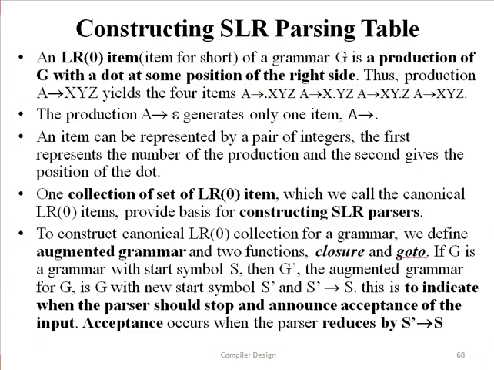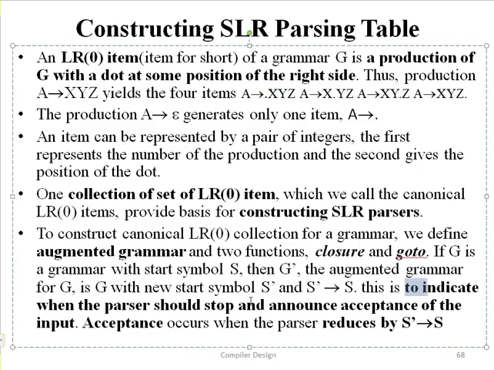Here, why do we need to augment the grammar? We have a reason for augmenting the grammar. It is because this new production rule that is used to augment the grammar is used to indicate when the parser should stop and announce the acceptance of the input string.